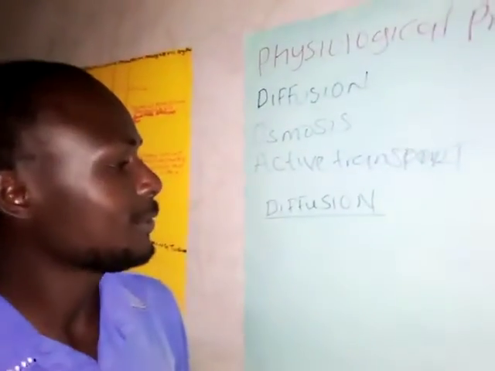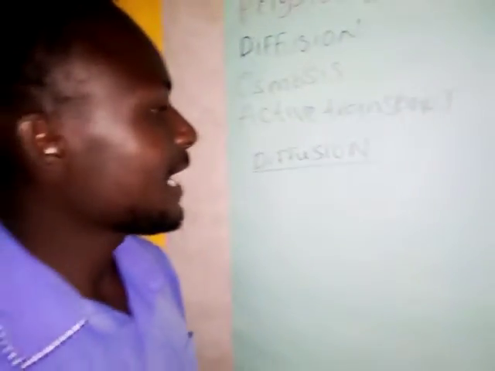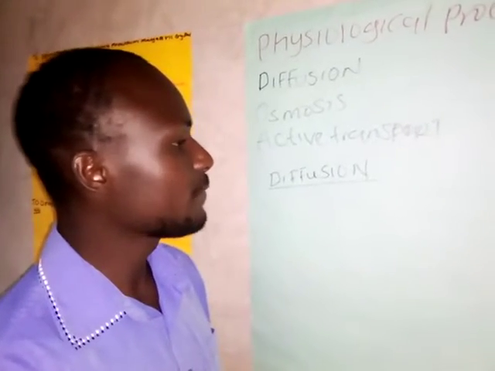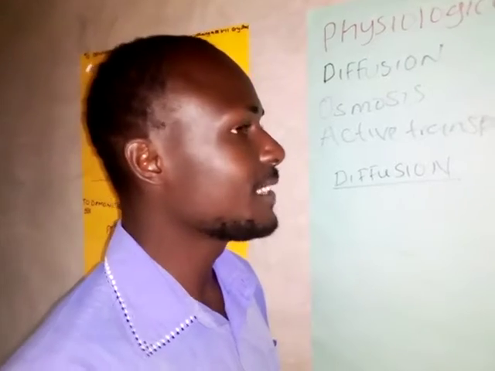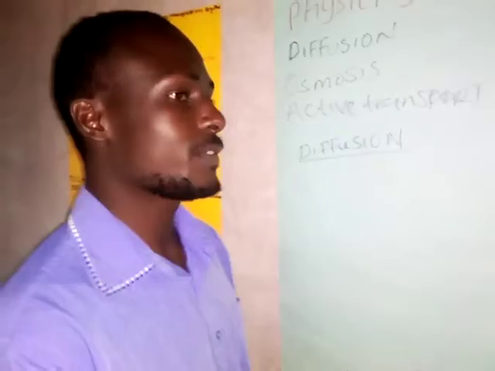For example, when you open a bottle containing perfume in a room, after some time you'll realize that the scent of that perfume will be evenly distributed within the room, and areas where we did not have that perfume, you will always feel that scent.